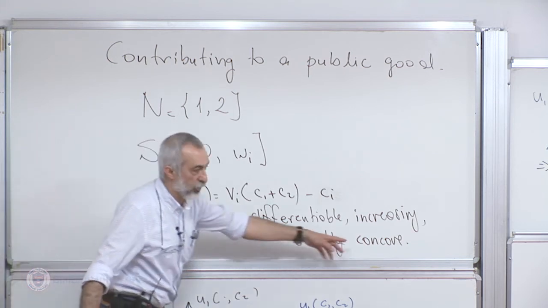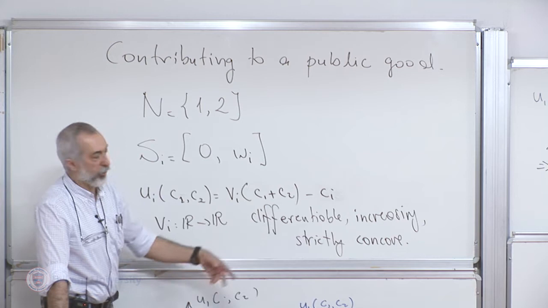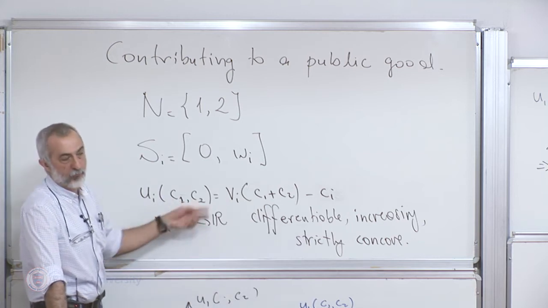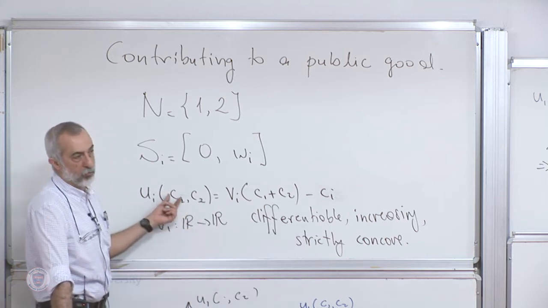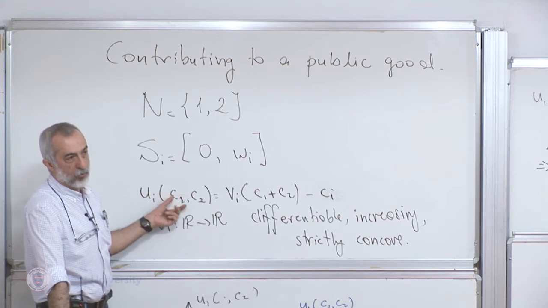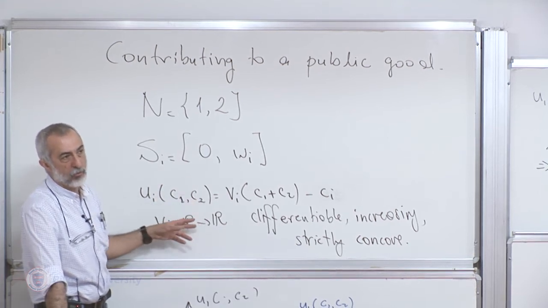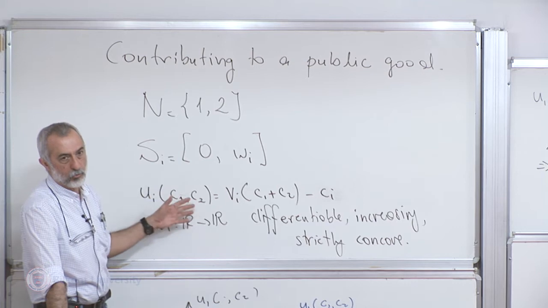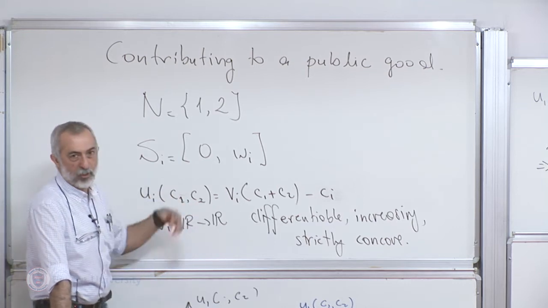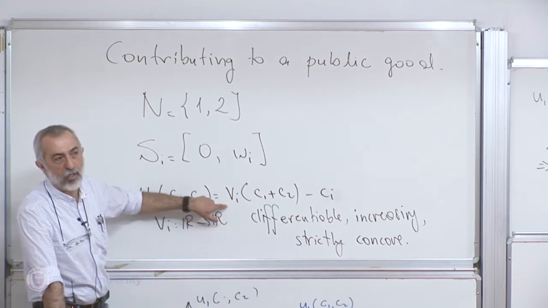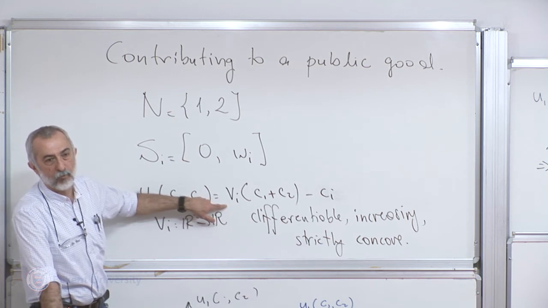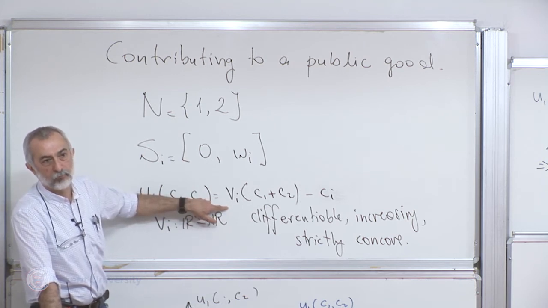If it's strictly concave in all variables, it's strictly concave in c1. If it's strictly concave in c1, it's quasi-concave in c1. So we know that this game has a Nash solution. The problem is, can we find it without knowing the exact form of v1 and v2?